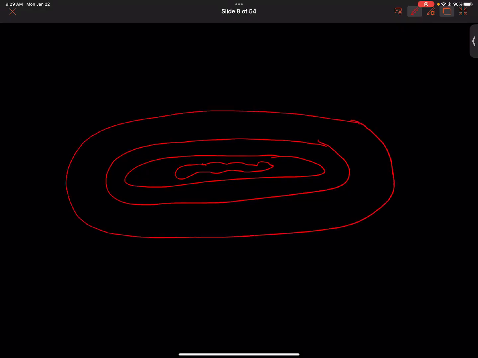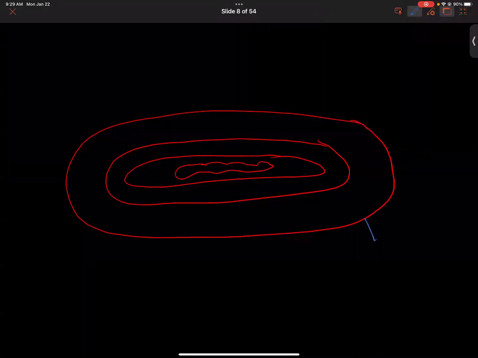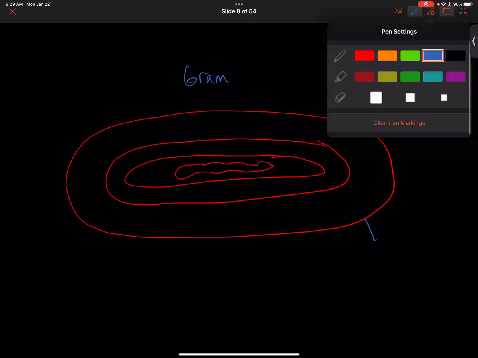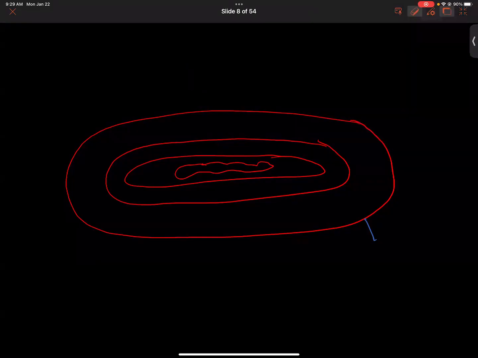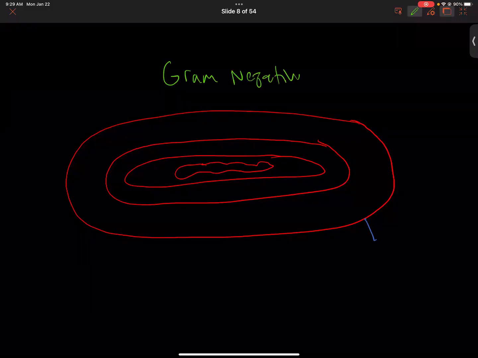It's not as straightforward as we would like to imagine. So again, this is a gram-negative organism.